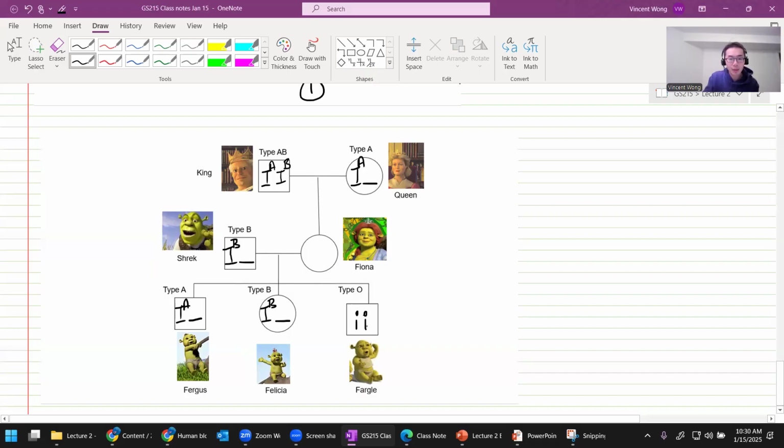So let's start with Fargo here and try to understand where he got the little i's. As I told you in the last example, if someone is type O, they have to get a little i from each of the parents. So one of the little i's here is going to come from Shrek. The other one is going to be from Fiona.